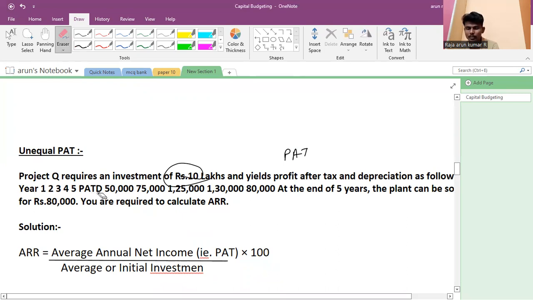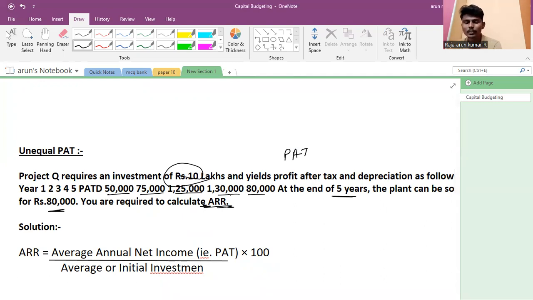PATD they given 50,000, 75,000, 1,25,000, 1,30,000 and 80,000. At the end of the 5 years, the plant was sold at 80,000 rupees. You are required to calculate the ARR. Okay, they give the sum.